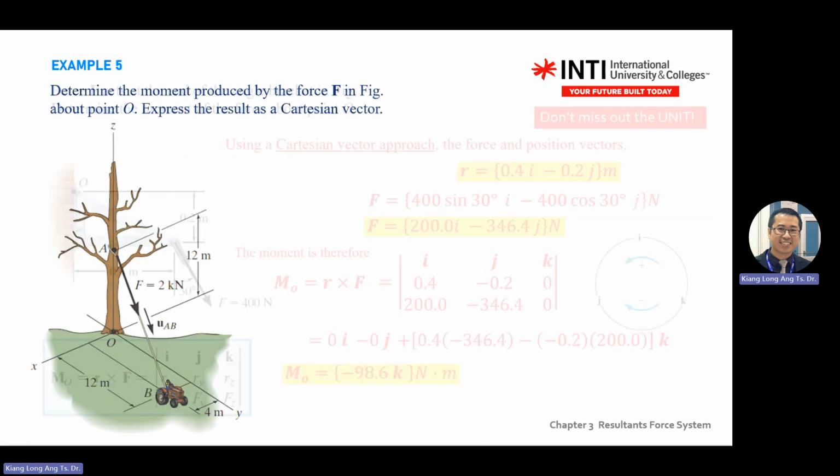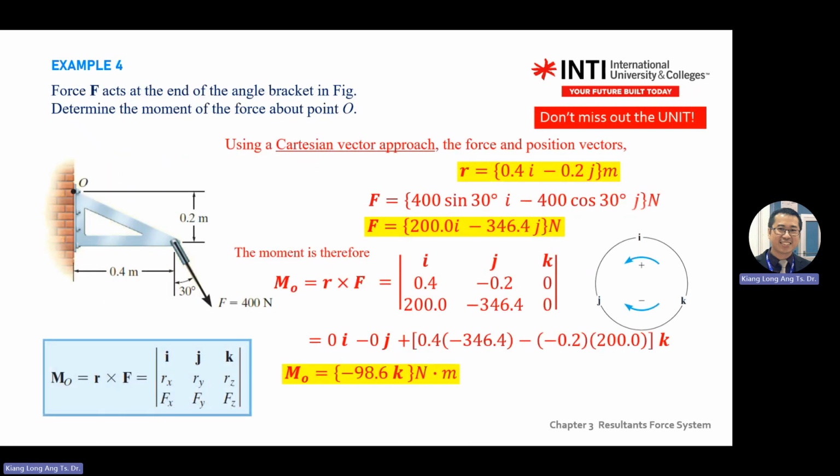This is what it means, or you can just maintain it like this as your answer if you want. So negative, going in, means you get a clockwise moment going into the axis. This is the vector analysis.